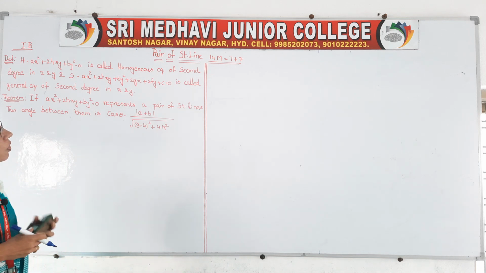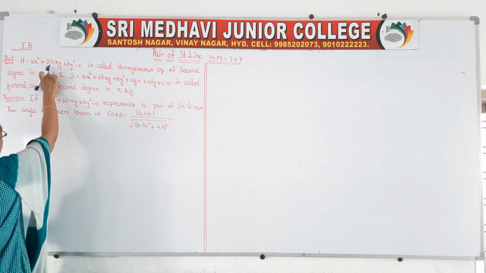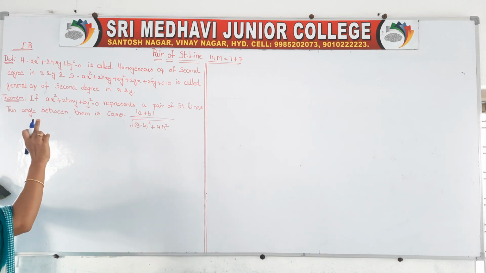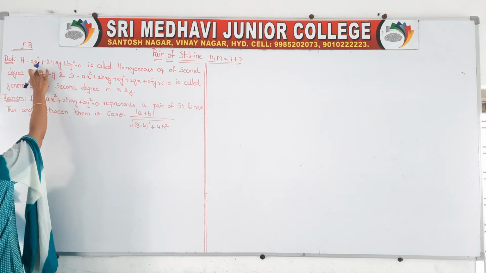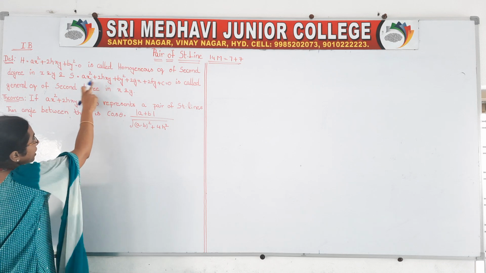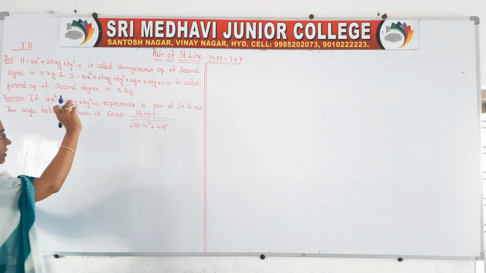First come to the definition: ax square plus 2hxy plus by square is equal to 0 is called a homogeneous equation of second degree in x and y. See the power of x and y, the highest power is 2. That's why it is a second degree equation. And this is called the general equation of second degree in x and y.